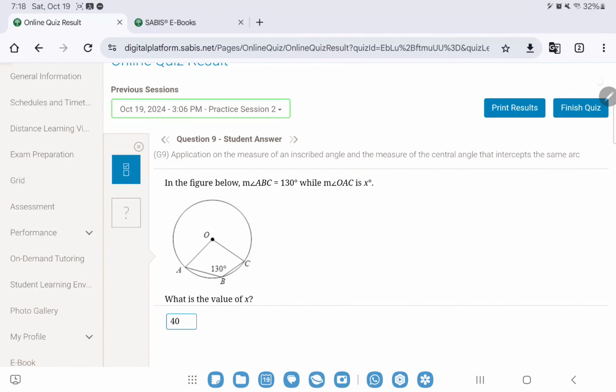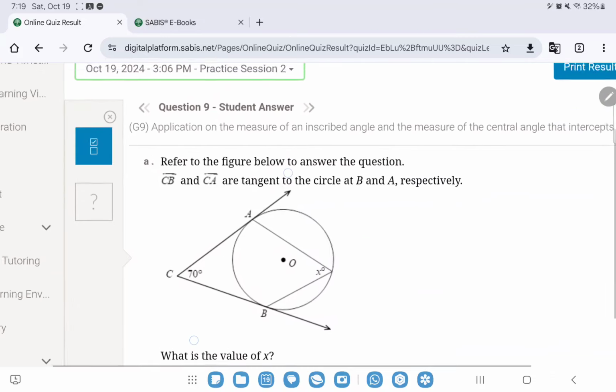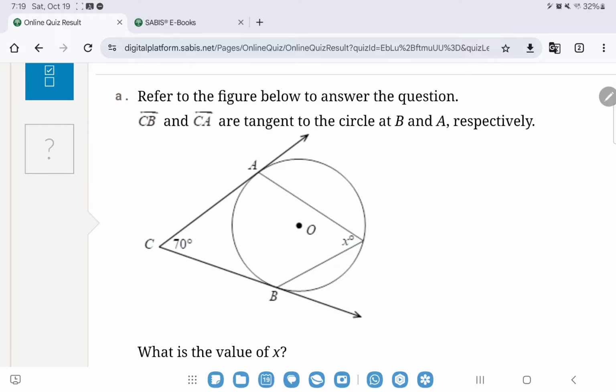Now let's move on to the next one. Okay, so here they're telling you CB and CA are tangents to the circle at B and A respectively. They want the value of x. So let's start. Here you have an angle 70.